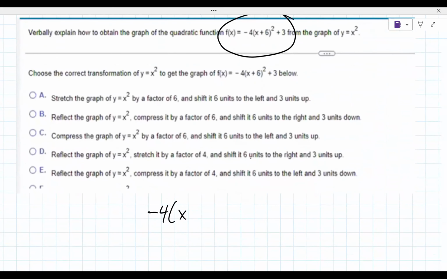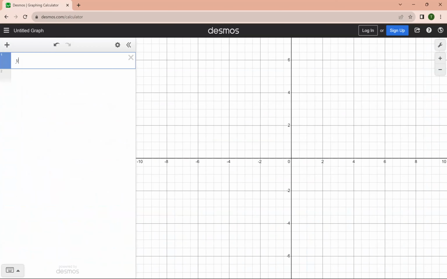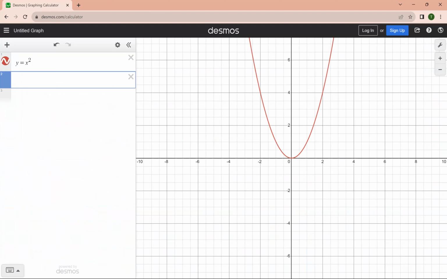Yeah. Let me do this in another window. Let me share the screen here. Okay, so you start with your parent function y equals x squared, and you know that that's a parabola, right?